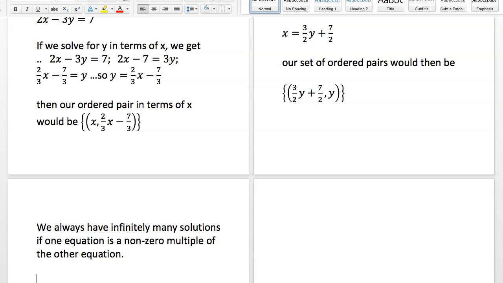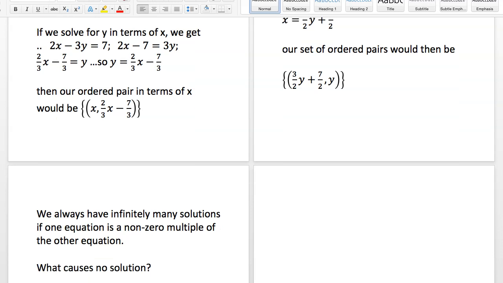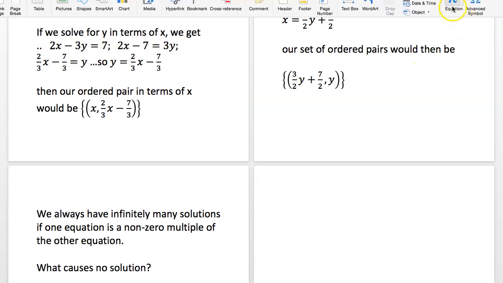Okay. Now, however, on the other hand, what causes no solution? This is the other scenario. Let's see, it's almost better demonstrated than said.